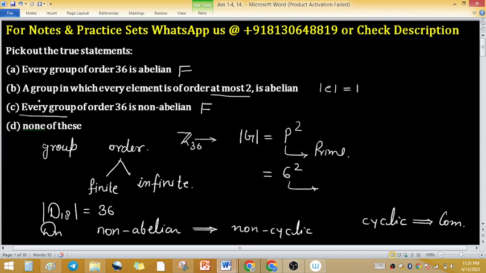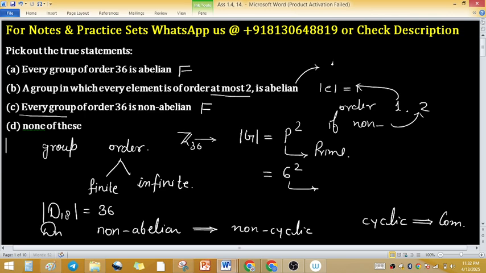But statement B is saying every element is of order 2. It means the order may be either 1 or 2. An element of order 1 is the identity, and for order 2 there is a non-identity element. If there is a non-identity element, then the order of that non-identity element is 2.